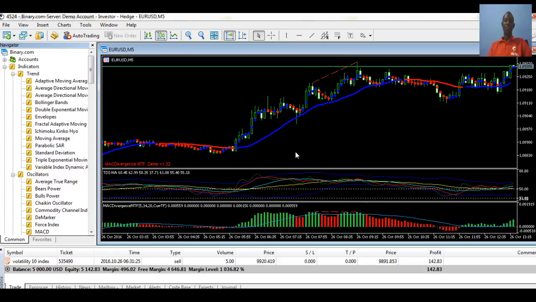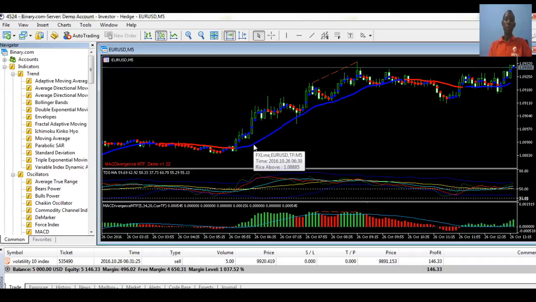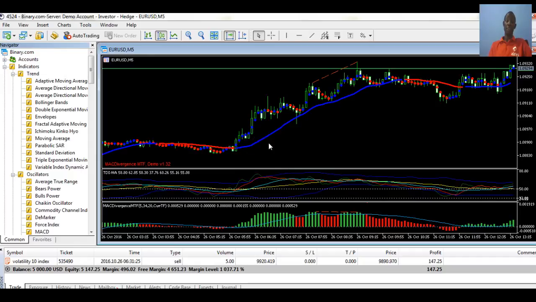As you can see, this is 5 minutes, which you just set up with, and if you want to trade with your TDI indicator, very simple. Your MACD divergence, very simple. Now, one of the major things you need to learn to do, number one, is whenever you have a signal coming up from forex line, you wait for the dot to come up with the same color as this.